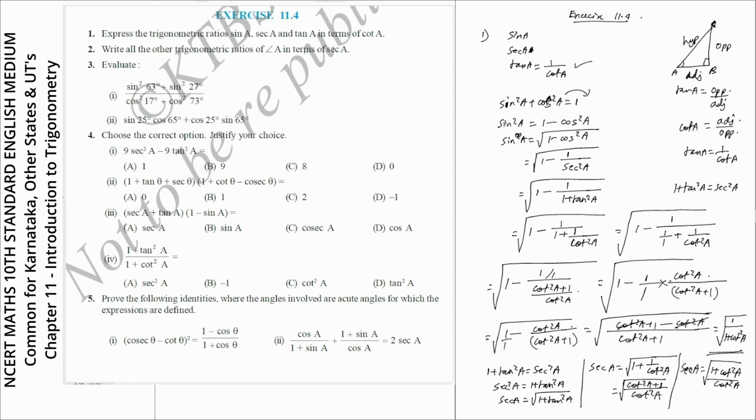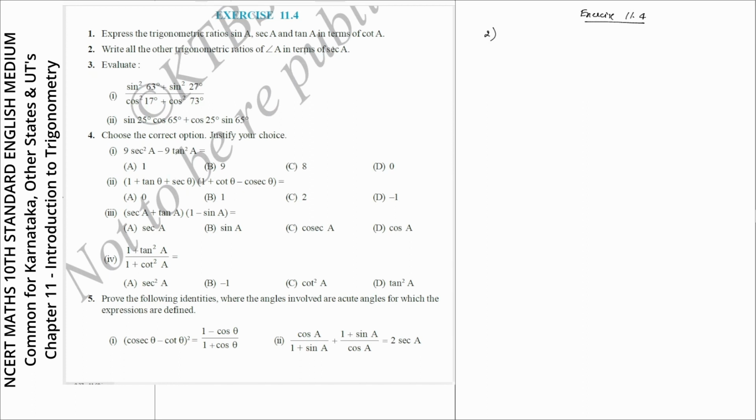So square root of cot square A is cot A. So secant A will finally become square root of 1 plus cot square A by cot A. So there is too much information here on this single page only.